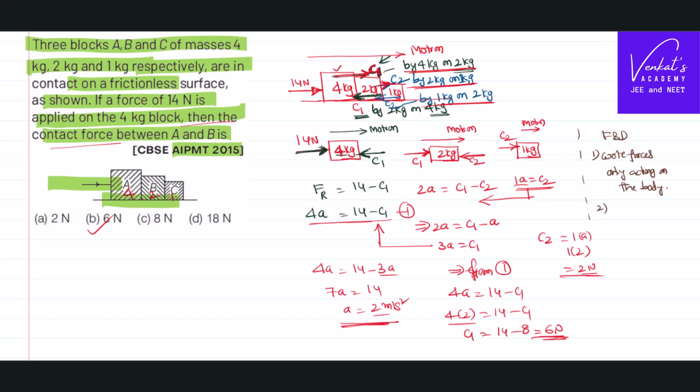Number 2: identify the forces along the motion and treat them as positive, and vice versa. If you take these two things into consideration and study the problem, you will be able to write all kinds of free body diagrams. That's how we solve this problem. Thank you for watching.